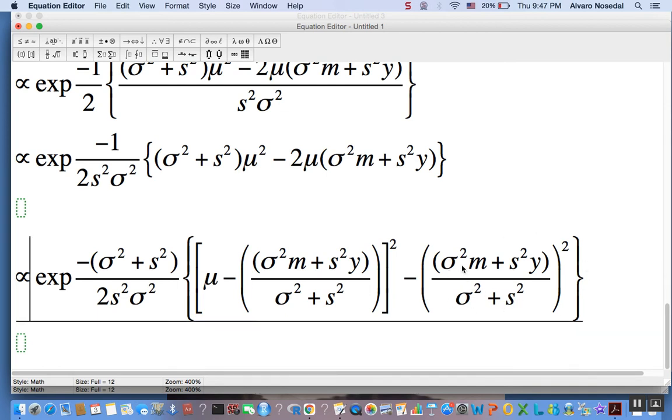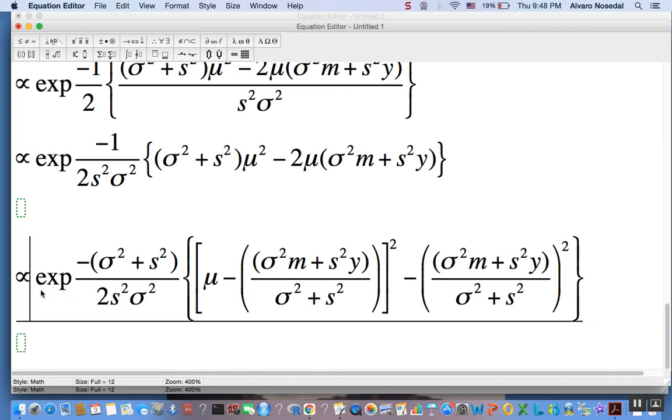Note that we're assuming that sigma squared is known, so this is just a constant. m is known. That's the prior mean. s squared is the prior variance. y will be known once we have our observation, so it's also a constant.